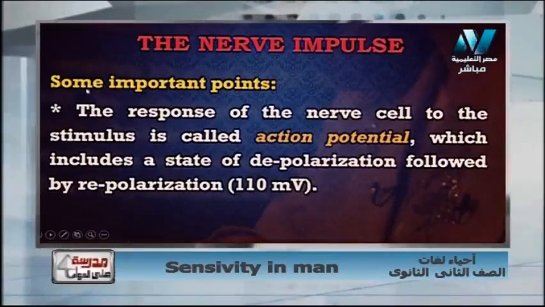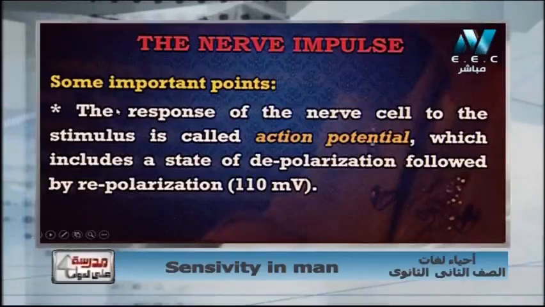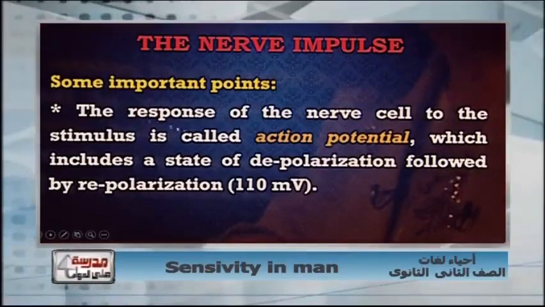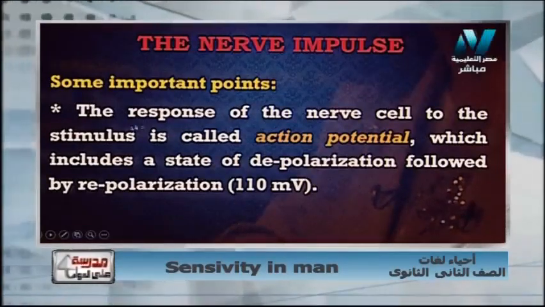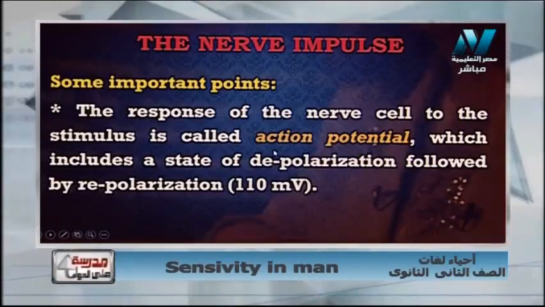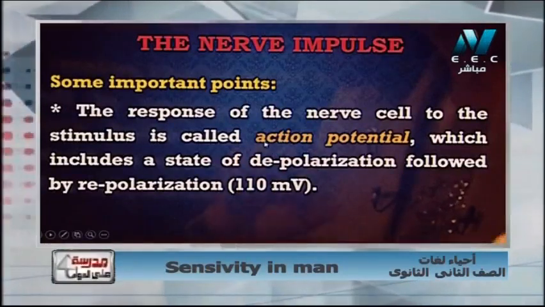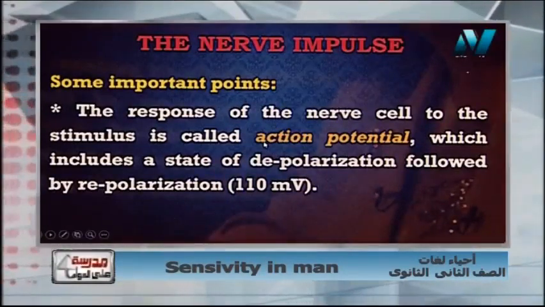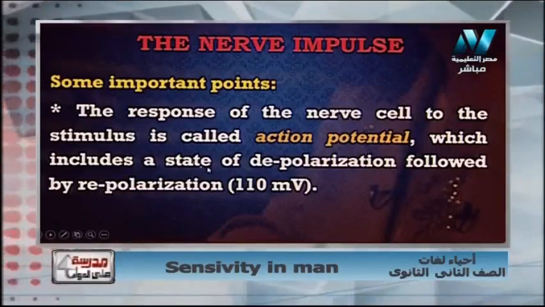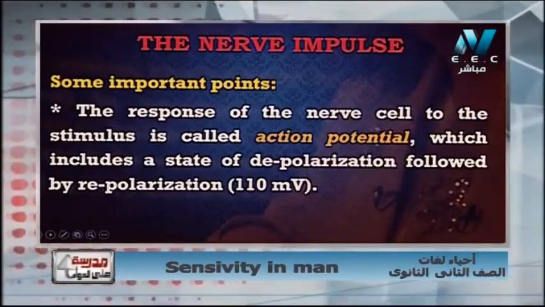And then some important points that we need to mention in this part. The response of the nerve cell to the stimulus is called action potential. So what we have just explained is called action potential, which includes a state of depolarization followed by repolarization.